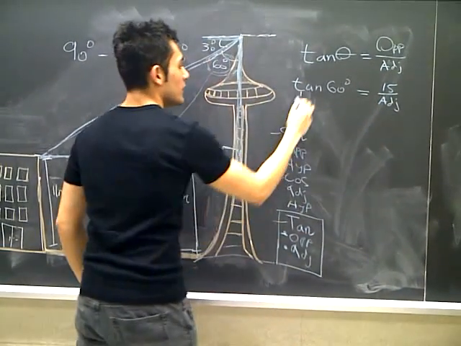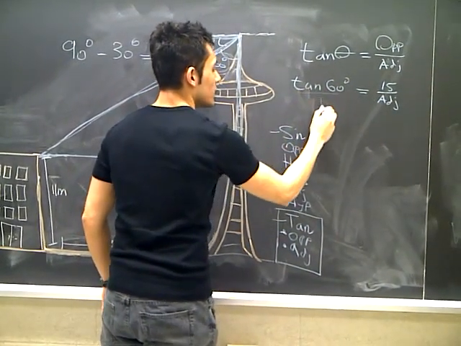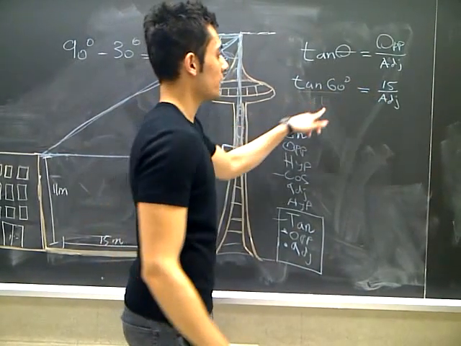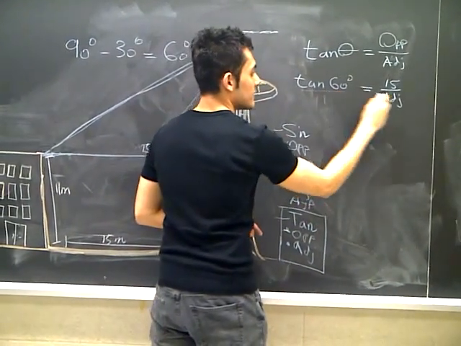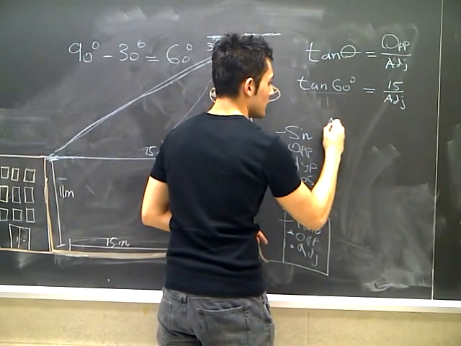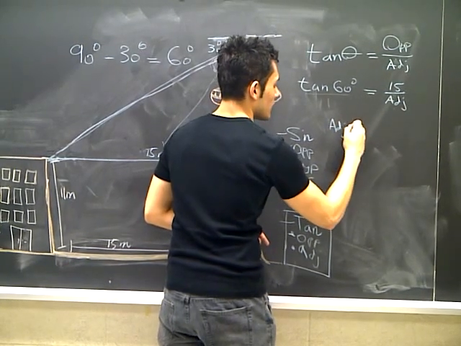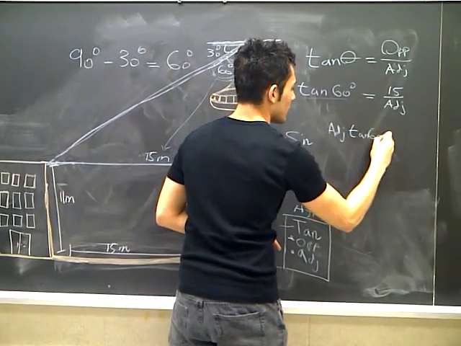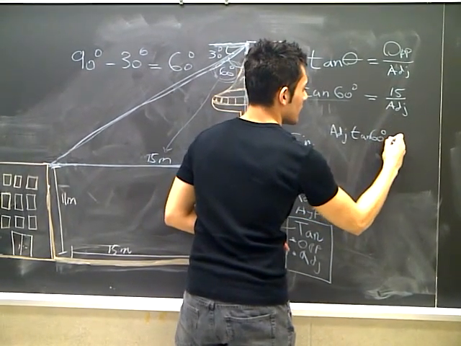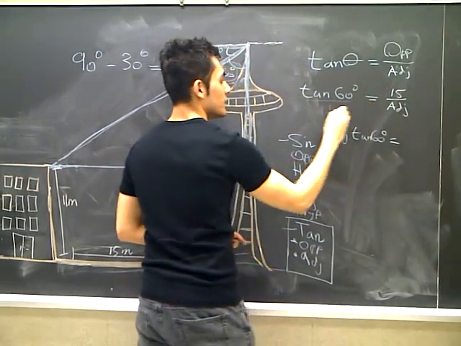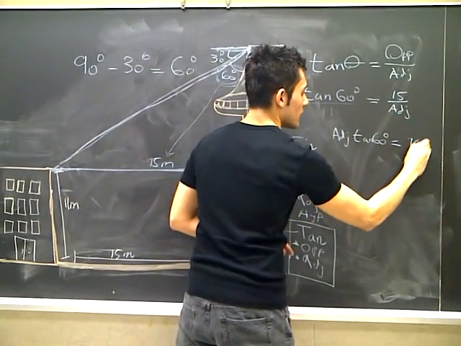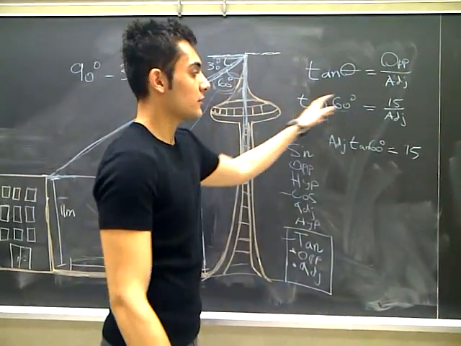Then what we have to do is cross multiply. So tan 60 times adjacent is equal to 15 times 1. All I'm doing here is just cross multiplying.